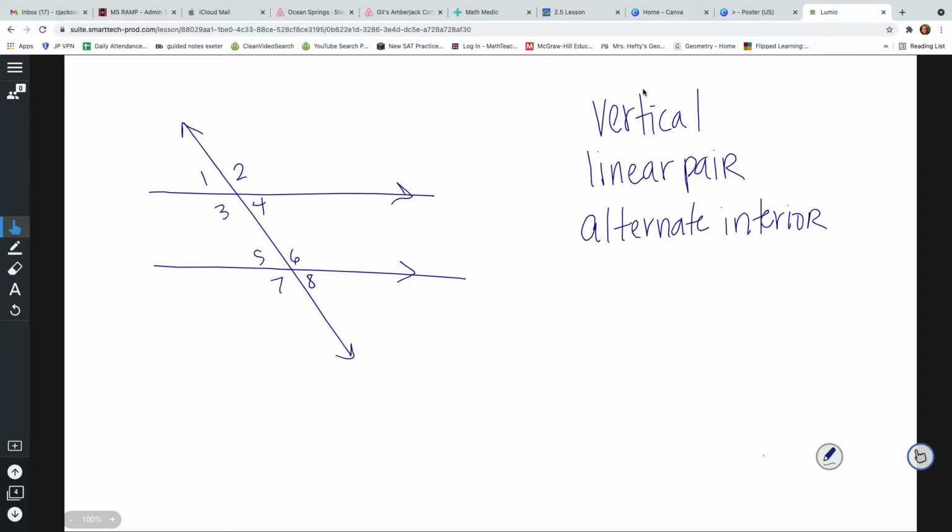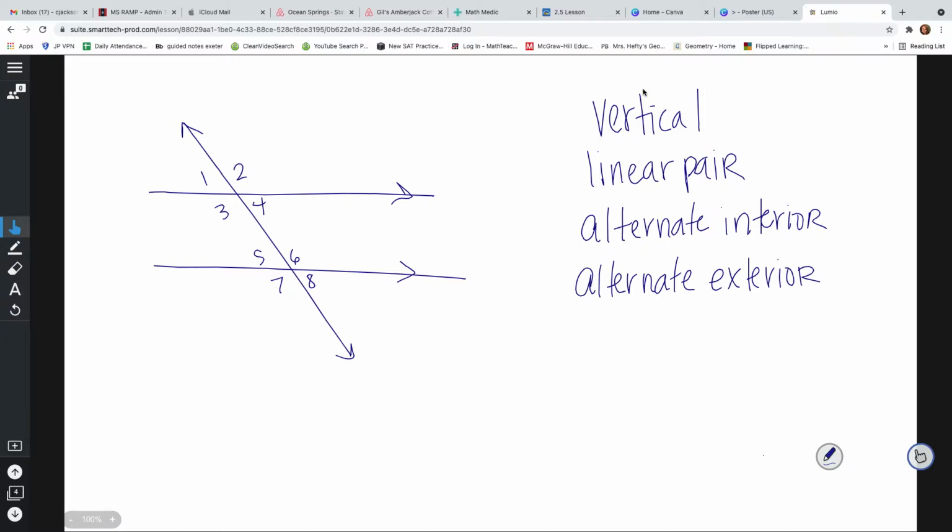Okay, we also have alternate exterior. So alternate exterior, they're still going to be opposite, but they're going to be where? Outside. On the outside of those two lines. Like what? 1 and 8, 2 and 7.